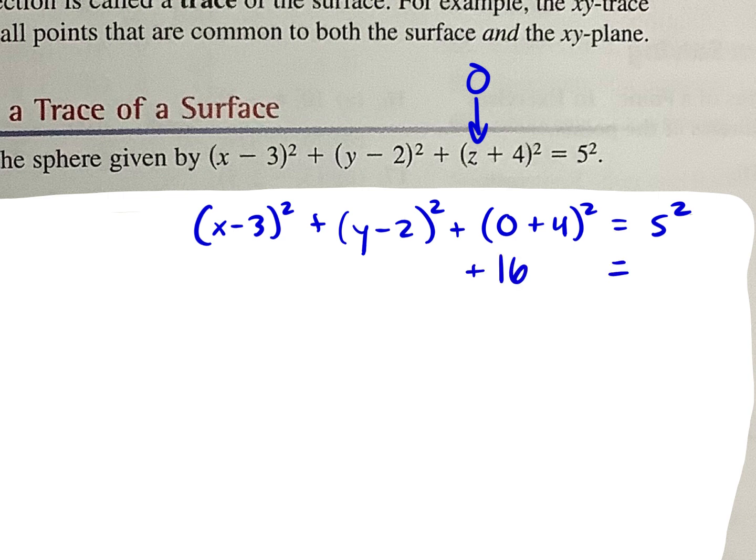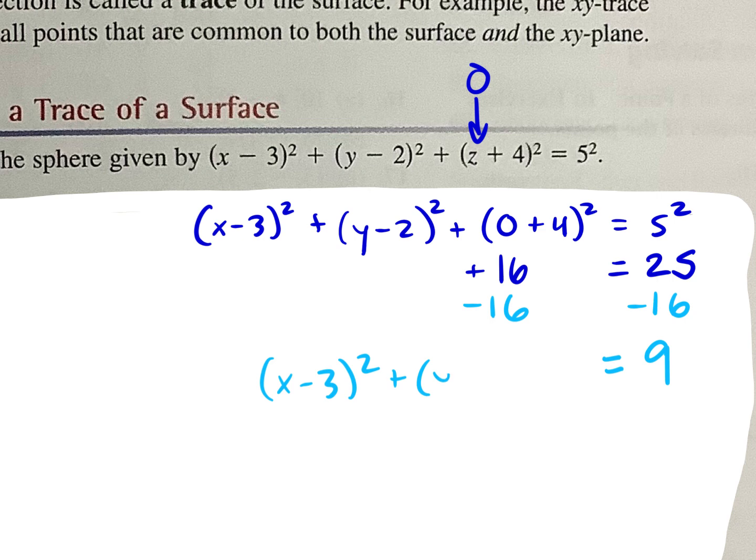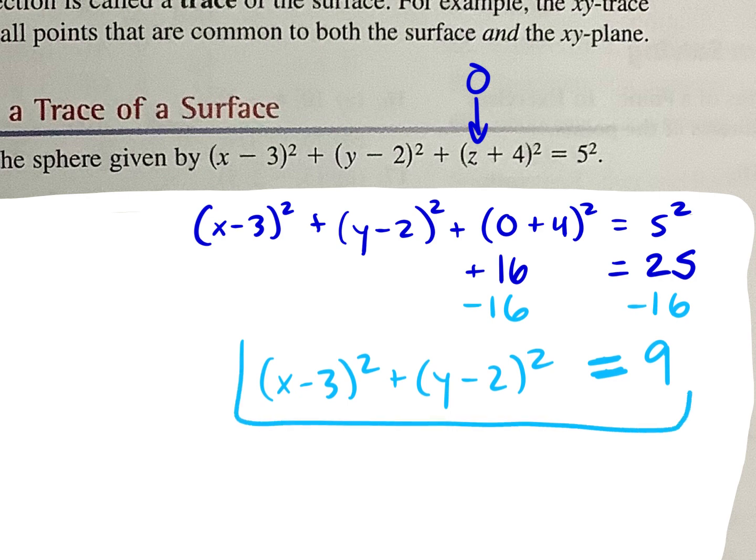And it's equal to 5 squared, which is 25. So I want to move the 16 to the other side now that it's a constant. So I'm going to subtract 16. And what's 25 minus 16? 9. So here we have x minus 3 squared plus y minus 2 squared is equal to 9. And this would be our xy trace.